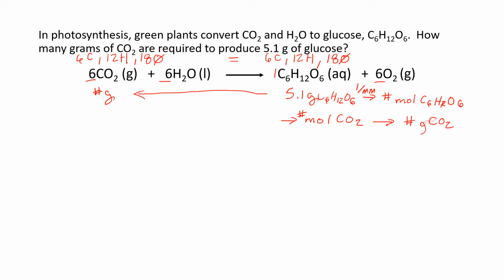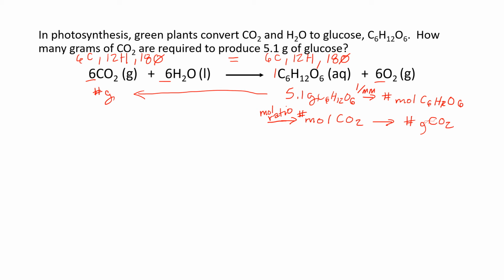All right, so here we're going to utilize the mole ratio to go from moles of glucose to moles of carbon dioxide. And really this is why we have to make sure the chemical equation is balanced, because we're going to utilize the mole ratio. And you only utilize the mole ratio when you are converting from moles of one substance to moles of the other. Do not use the mole ratio or the coefficient to calculate molar mass.